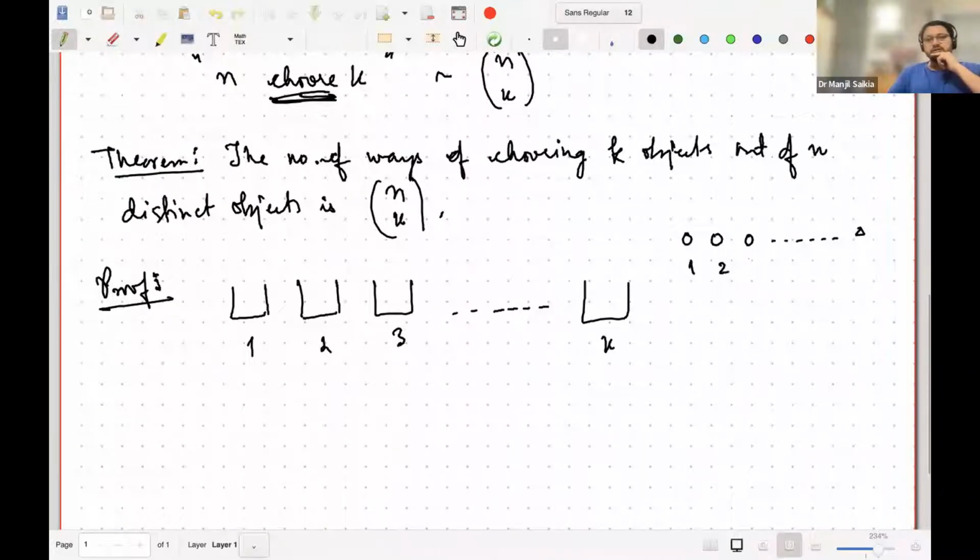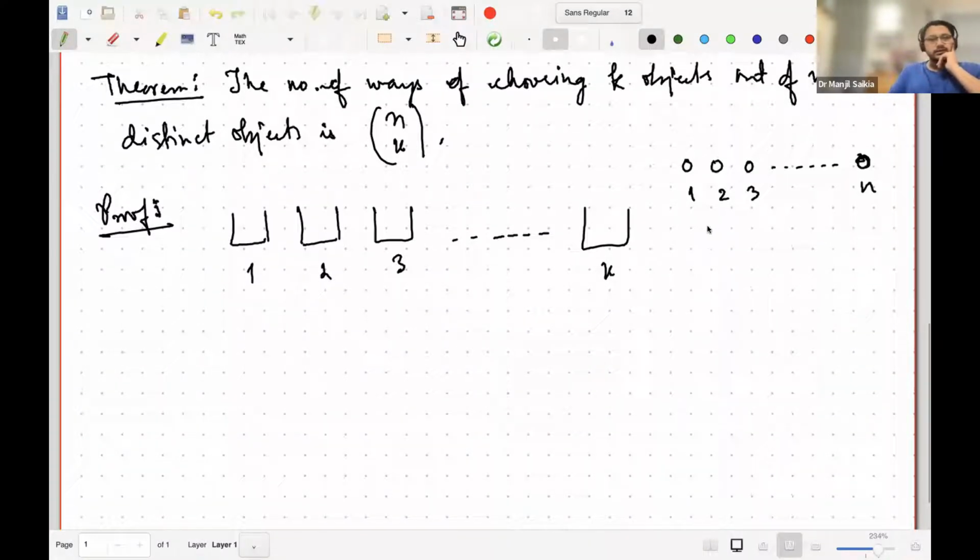This is the first object, third object, fourth object, and the n-th object. We have to put one of these objects into one of these boxes, and then keep on repeating this until all of the boxes are filled with one object each. That is the statement of the theorem. Out of these n objects, we have to put one object each into one of these boxes.